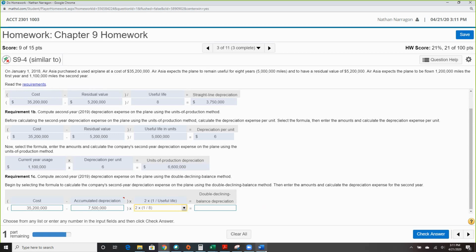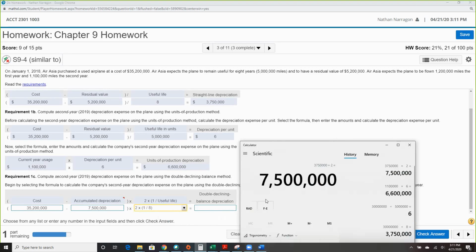Right. So, calculator, take our 35,200 minus 7,500,000, then times it, or divide it there, divide by, oh, wait, yeah, they got this formula. Alright, let's do this way.